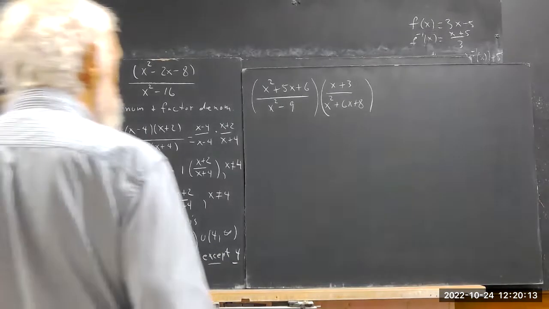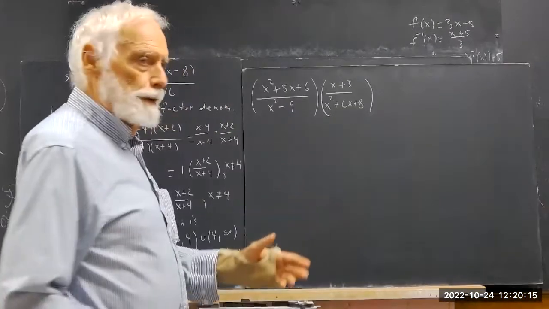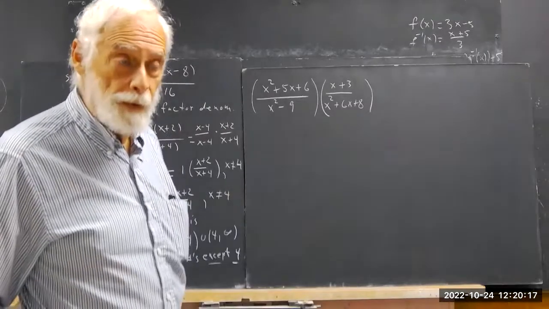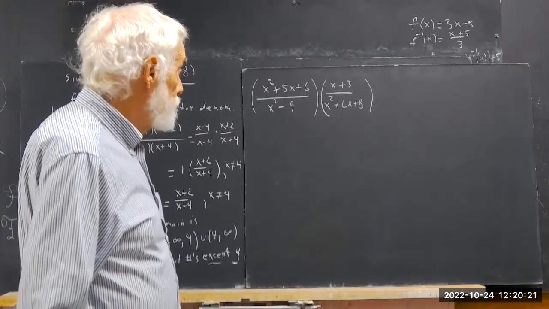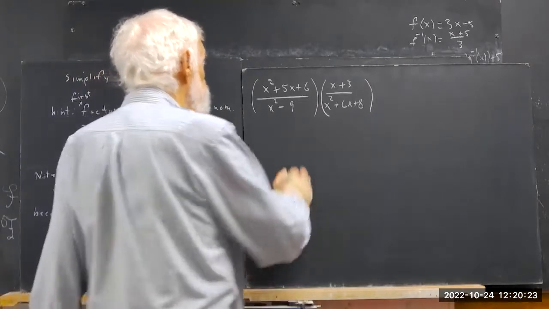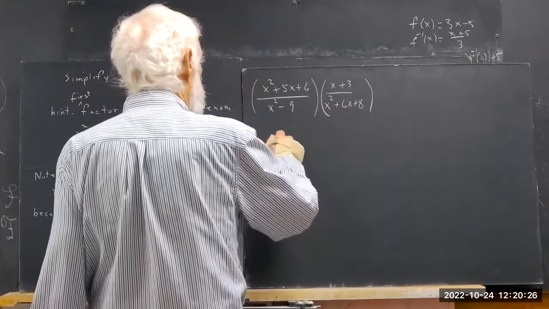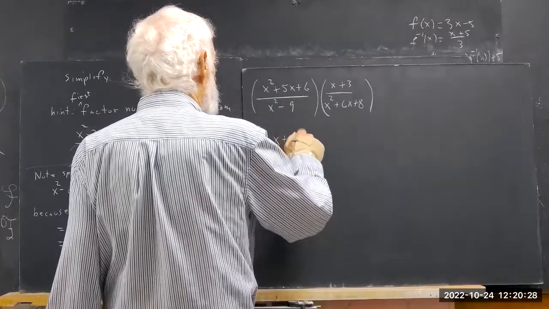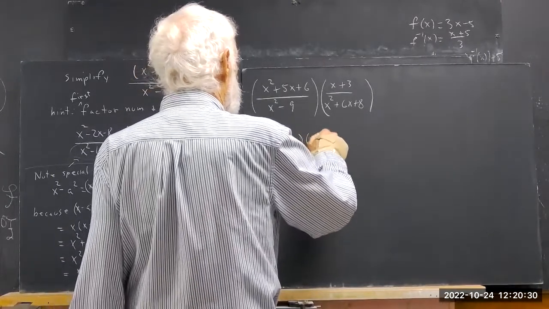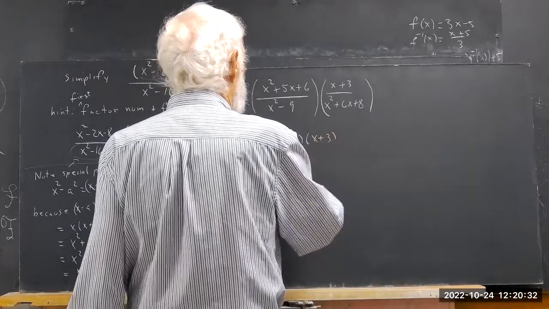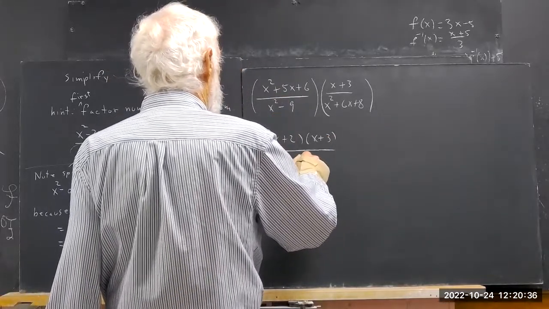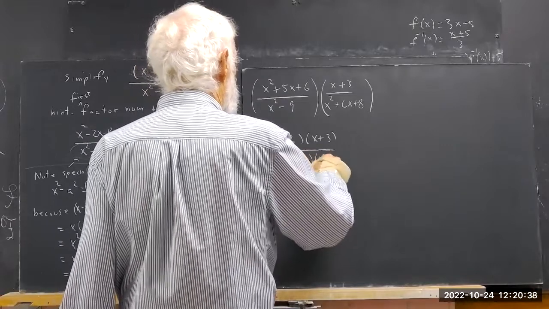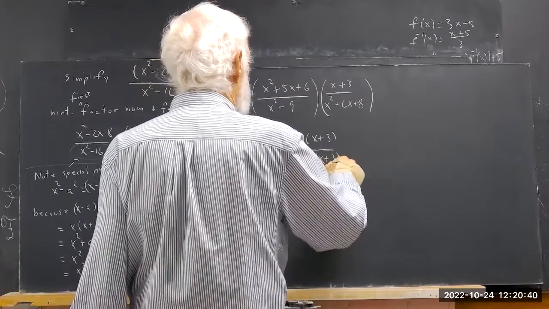Okay, so again, we just threw this out. This is actually an assignment for later this week. I think it'll be due Thursday. If I factor the numerator, I get x plus 2 times x plus 3. The denominator, I get x minus 3 times x plus 3.